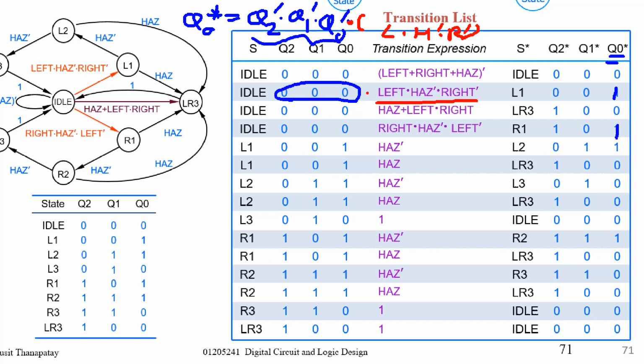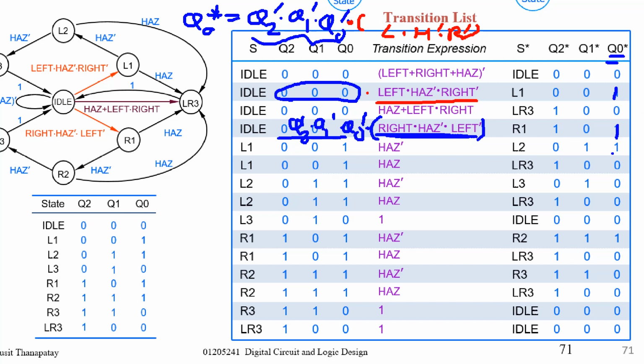Okay, how about this one? This one starts from idle, right? And if this input condition becomes true, it will change from idle to this state, in which Q0 star is 1. So you can write it as Q2 prime and Q1 prime and Q0 prime and this input condition.